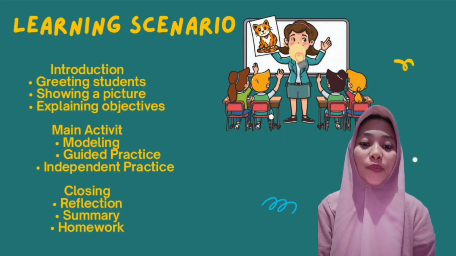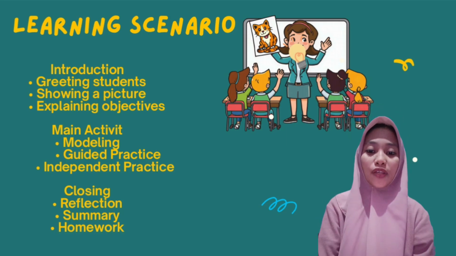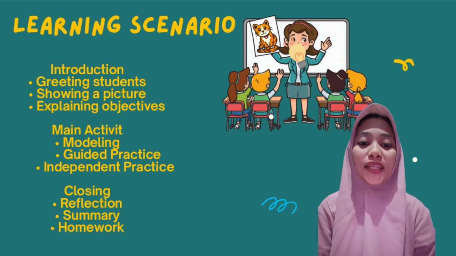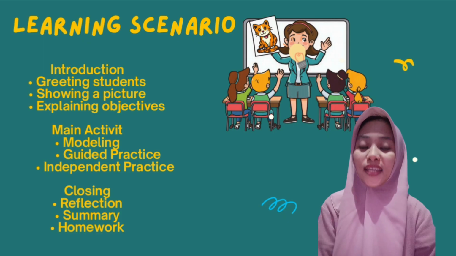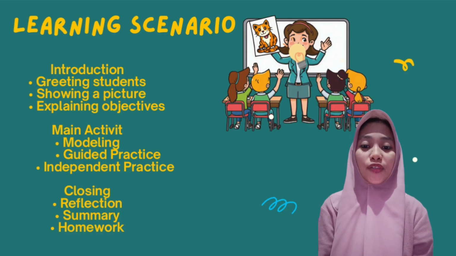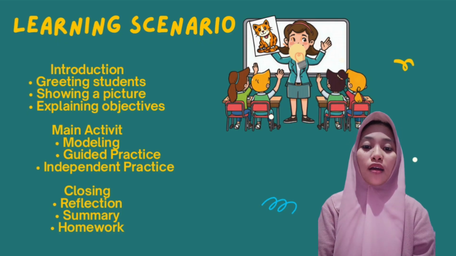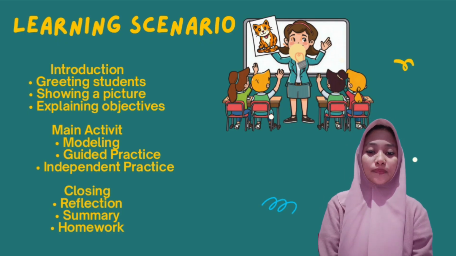Now, I will briefly explain the learning scenario. The lesson begins with the introduction stage. The teacher greets the students, checks attendance, shows a picture related to the topic, and explains the learning objectives.